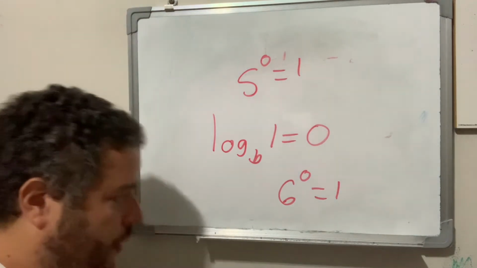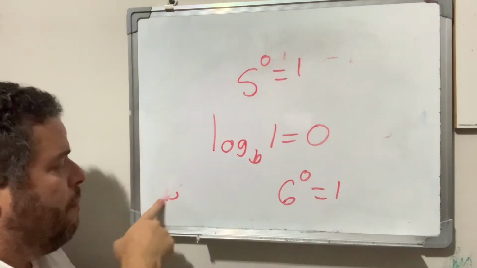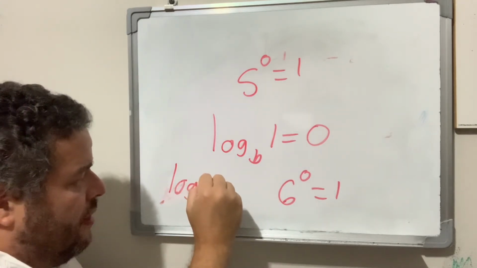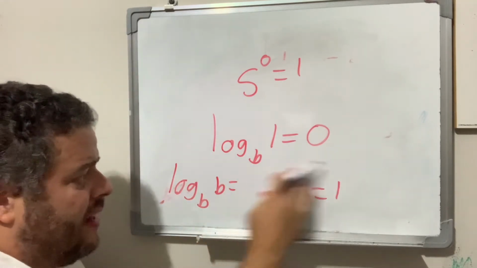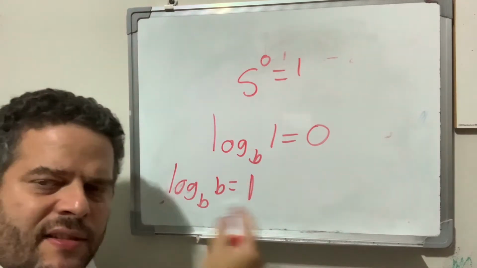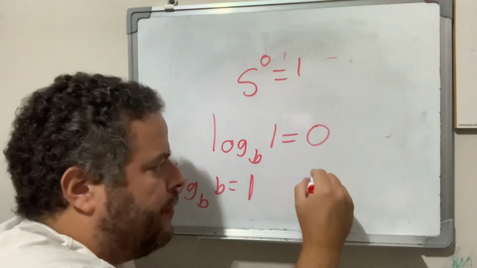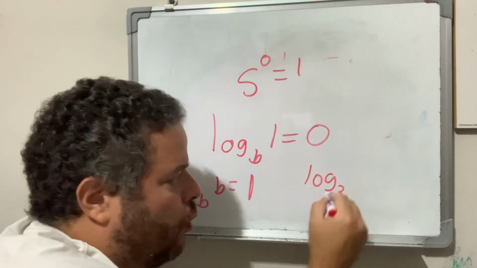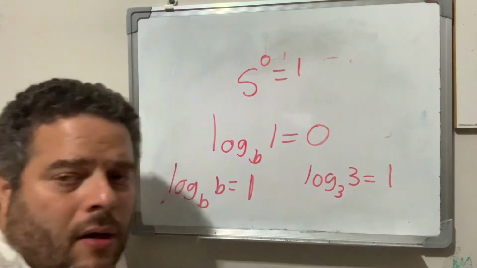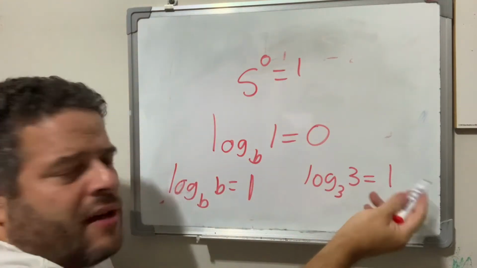The second one, if the base and this value here are the same, it will always be 1. Because again, let's do this with numbers. What number do I raise 3 by to get 3? 1. So whenever you see this expression, it's always going to be 1.